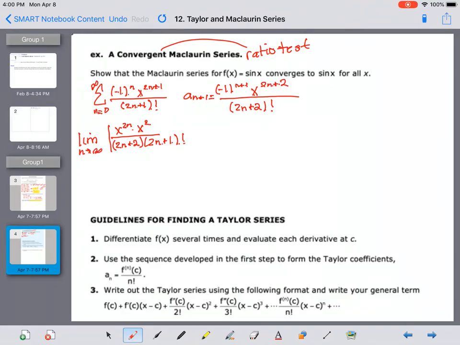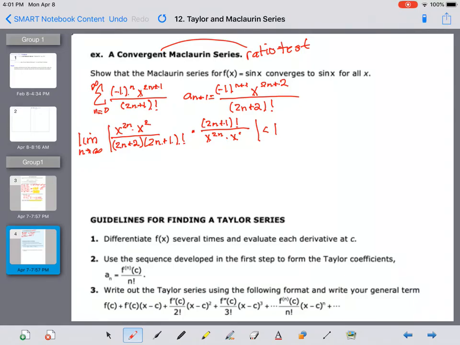And then we're going to divide it by the actual series, which in this case means multiply by the reciprocal, and x to the 2n times x to the first. Okay, and in order for this to converge, the ratio test says this must be less than 1. So we're going to figure out when this limit is less than 1.